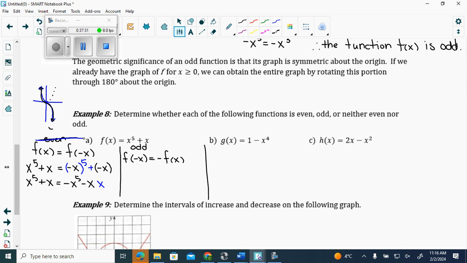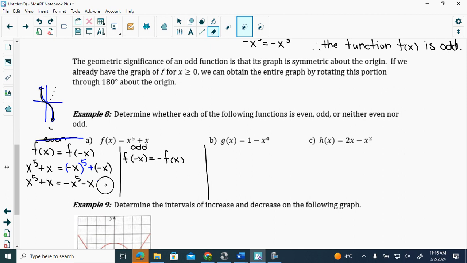Now we plug it into the other equation. That looks like an x. It's supposed to be a wrong. Ignore that. I'm going to erase that because that looks confusing. Not even. That blue just made it look like there was another x. Okay. This one we do f of negative x.